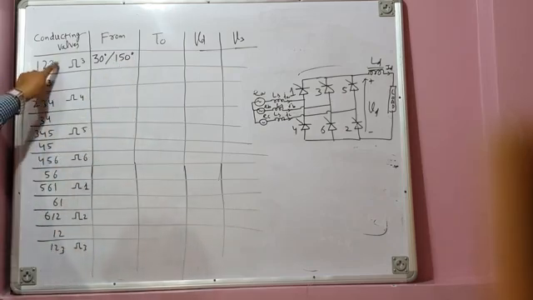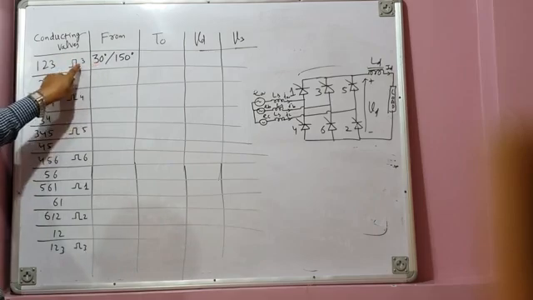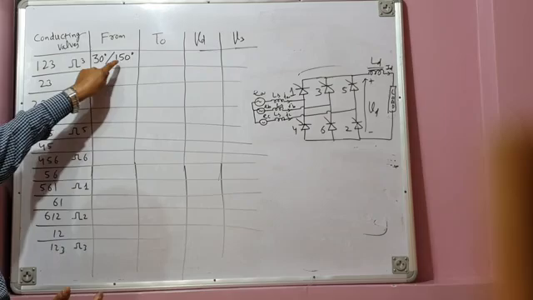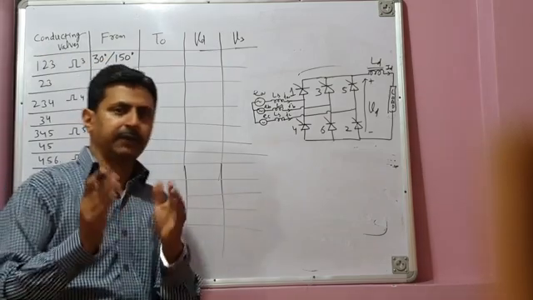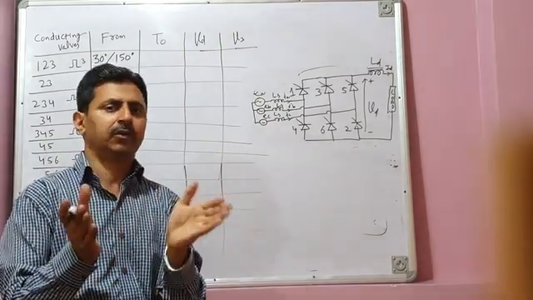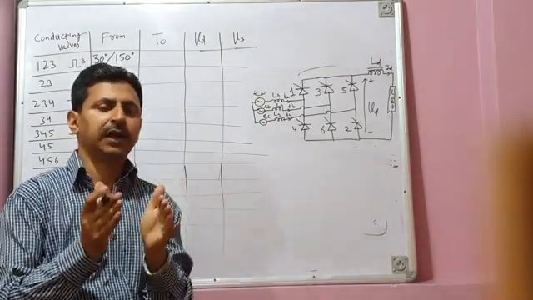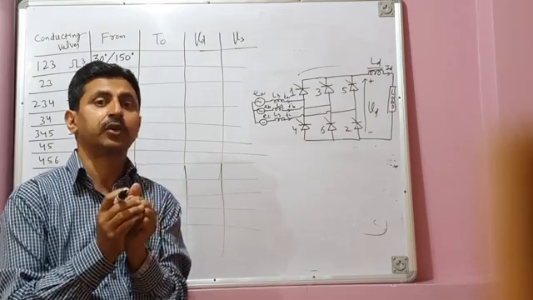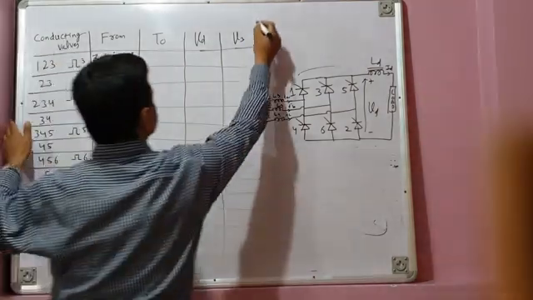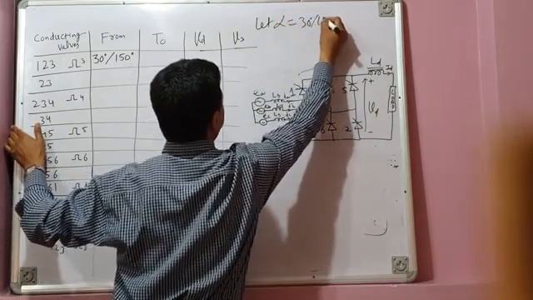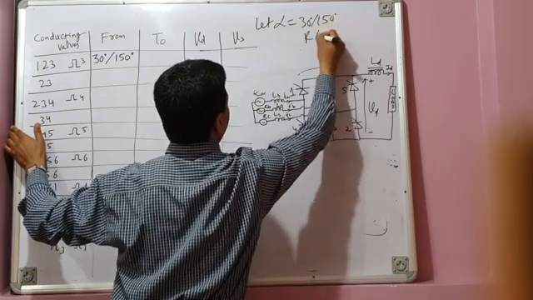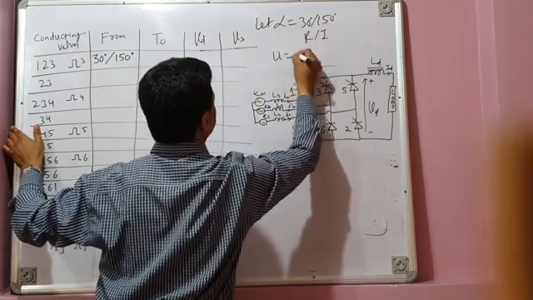Now you already know when valve 3 is fired, either at alpha equal to 30 degrees or alpha equal to 150 degrees, it gives 3 valve conduction. And I have already explained that this 3 valve conduction is there for U electrical degrees. Let alpha be 30 degrees or 150 degrees for rectification or inversion, and let U be 15 degrees.